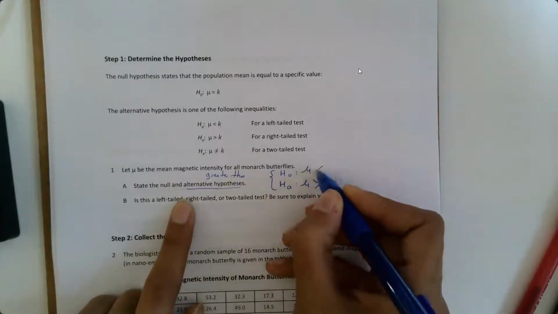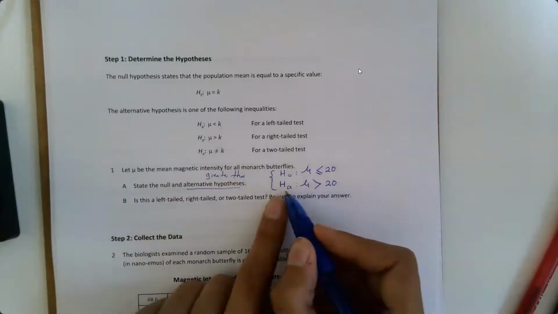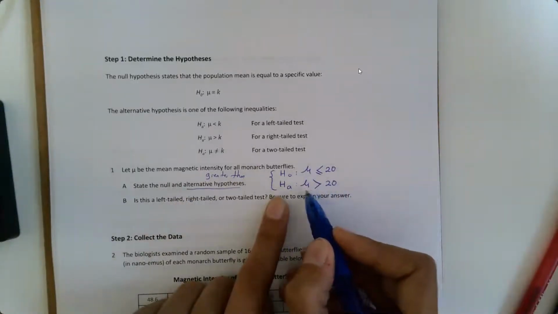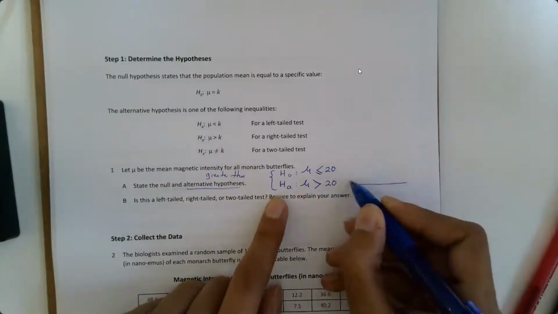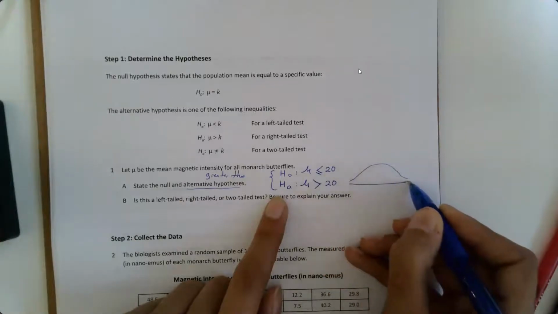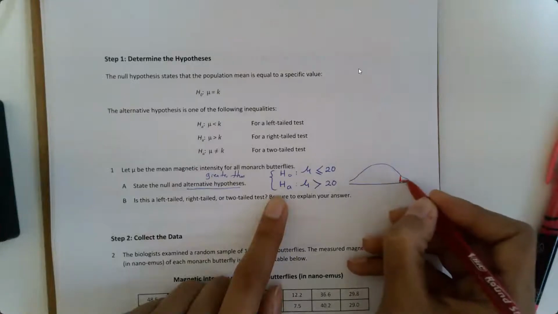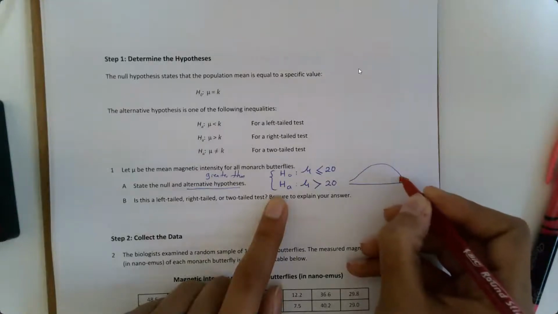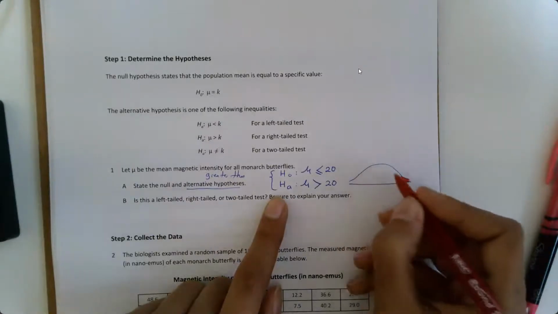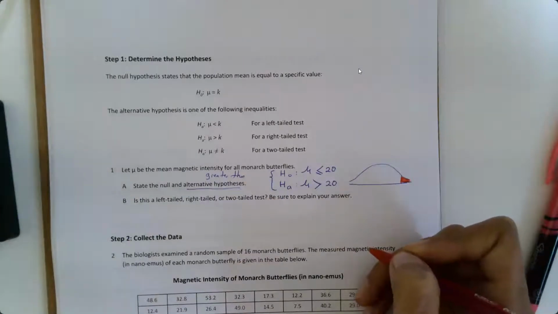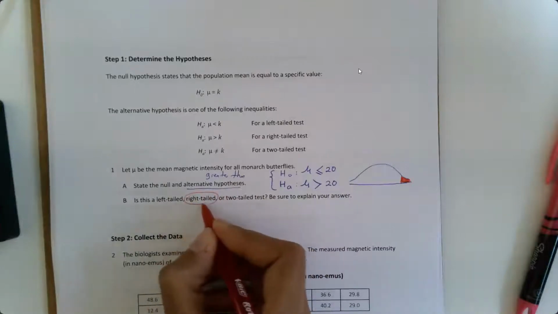The mean is less than or equal to 20. Since our alternative hypothesis is larger than, we have a right-tailed graph. It means that we shade the right-hand side of the graph. This is our rejection region, and this is our non-rejection region. So the answer is, it is a right-tailed graph.